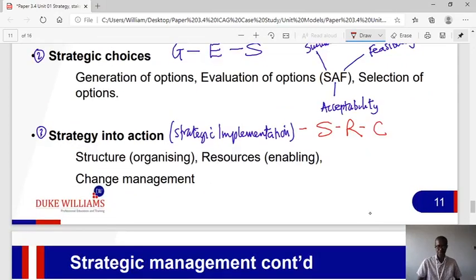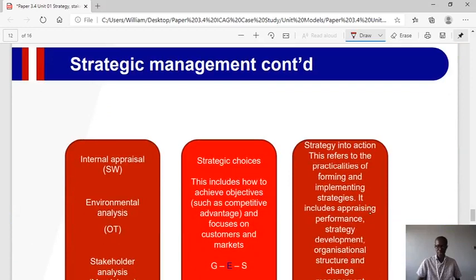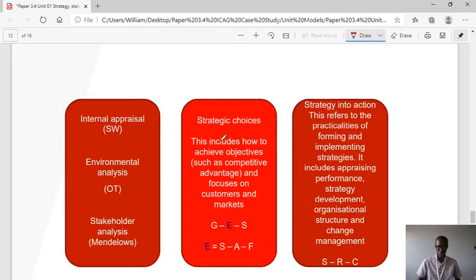And this is what has been briefly summarized in a diagram under the strategic management. So please have a look. And you remember internal, external, stakeholder, we have culture.